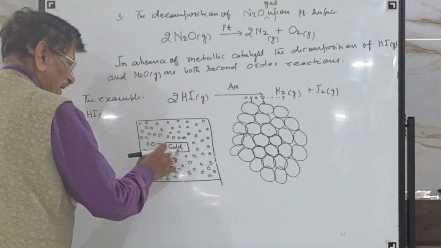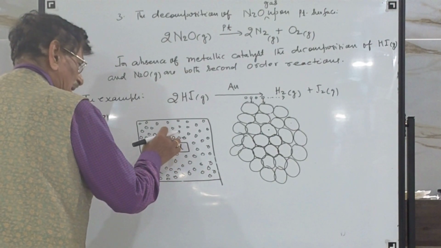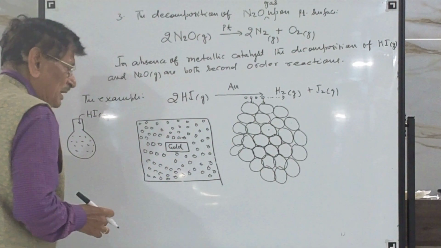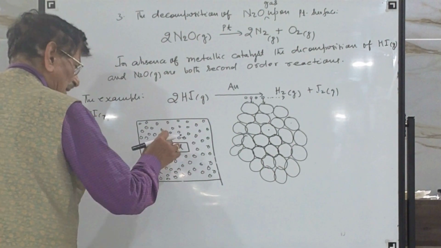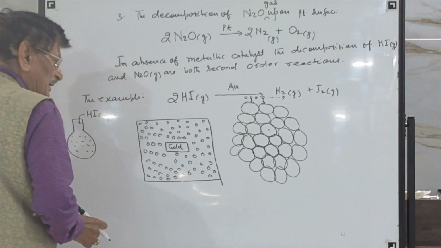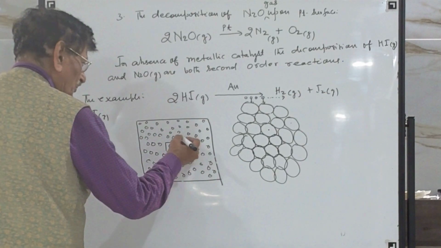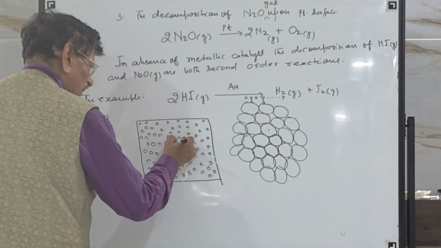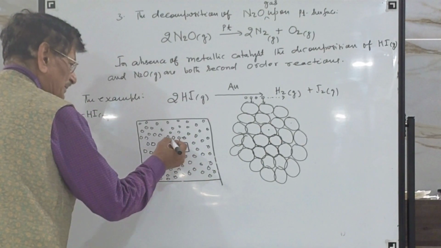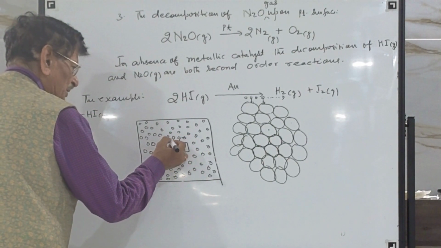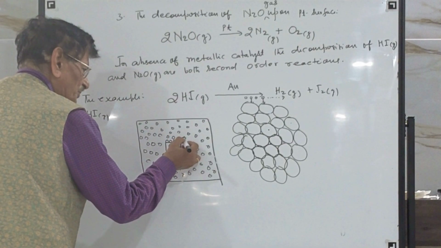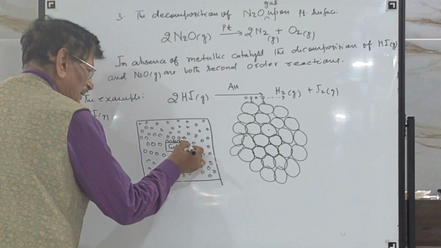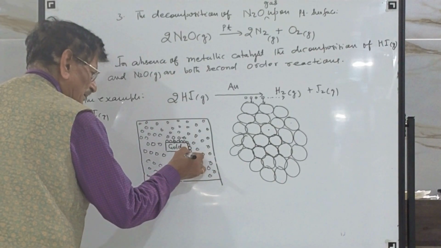So here, this is the gold. There are free valencies on the surface, and this free valency attracts HI molecules towards itself, like this. So HI molecules get adsorbed on the surface like this.